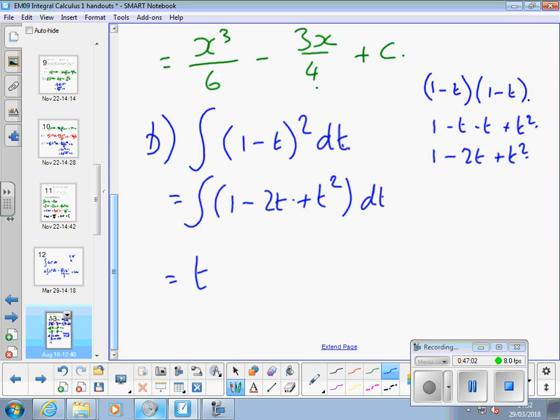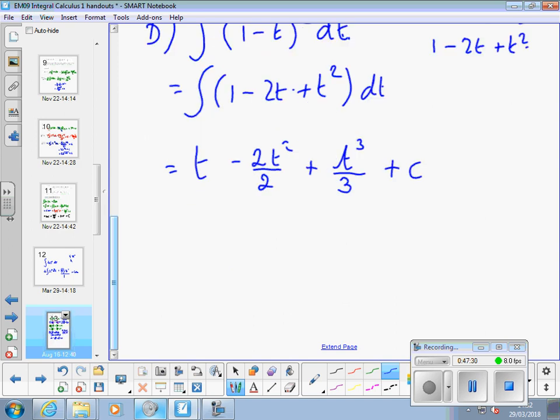Integral of minus 2t is minus 2 t squared over 2, plus t cubed over 3 plus c. Equals t minus t squared plus t cubed over 3 plus c, given that minus 2 divided by 2 is minus 1.